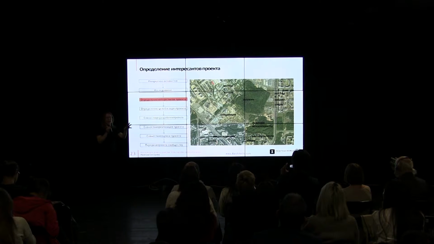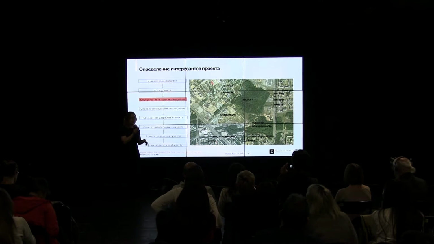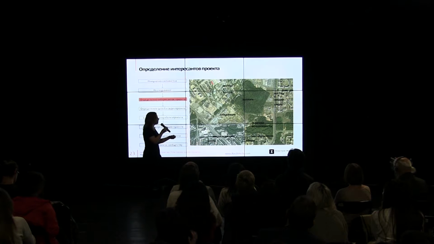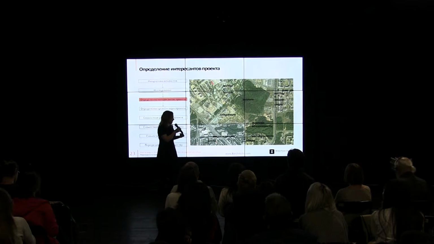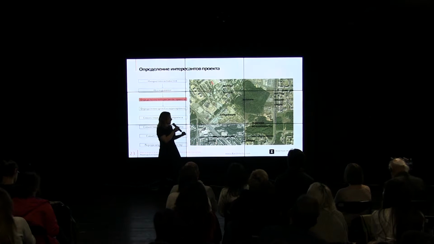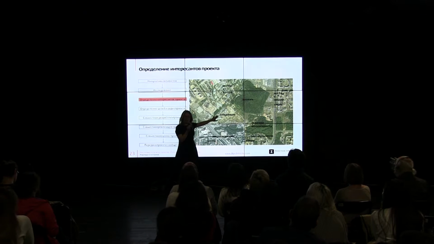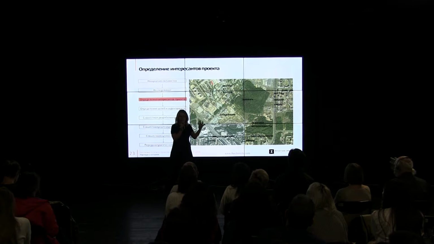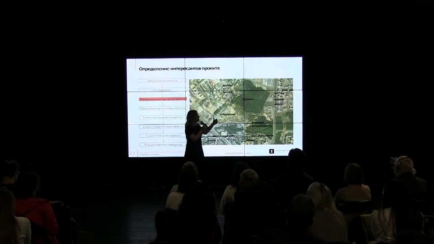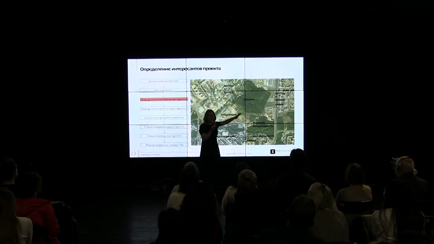So we asked what bicycle riders want, and eventually, when we had completed these meetings, we understood that apart from local citizens, we had another stakeholder, the developer, who was going to build blocks of flats next to the forest.